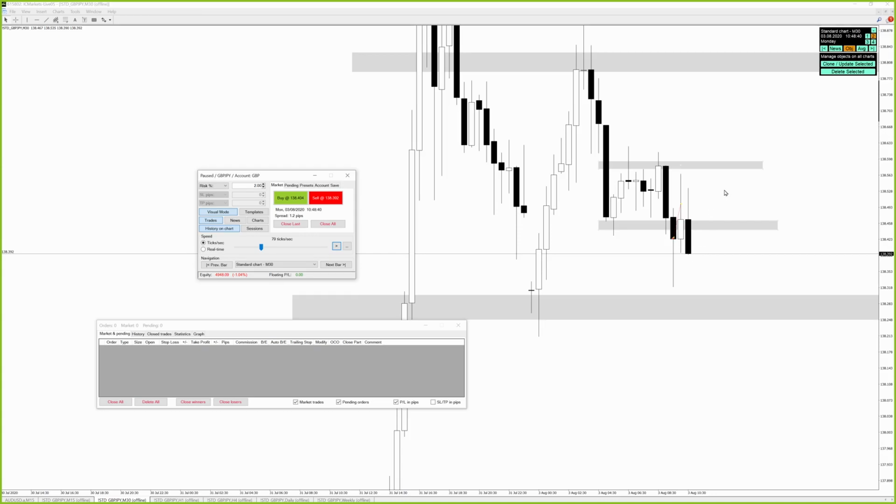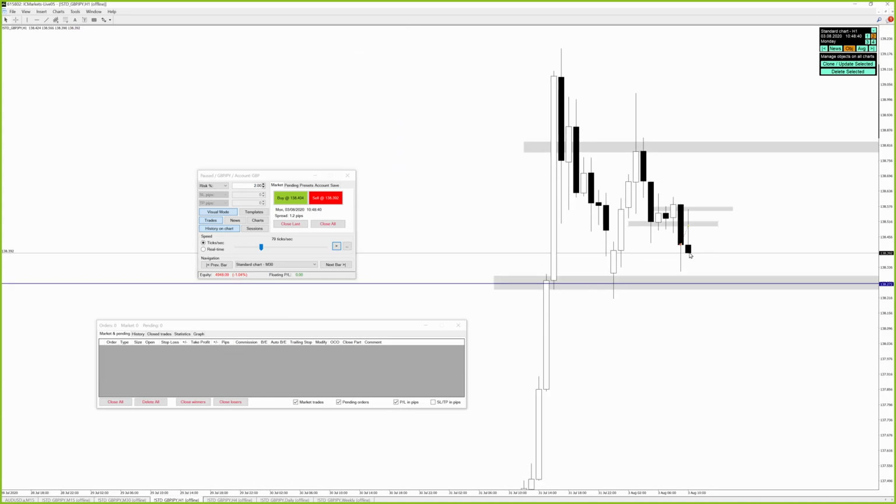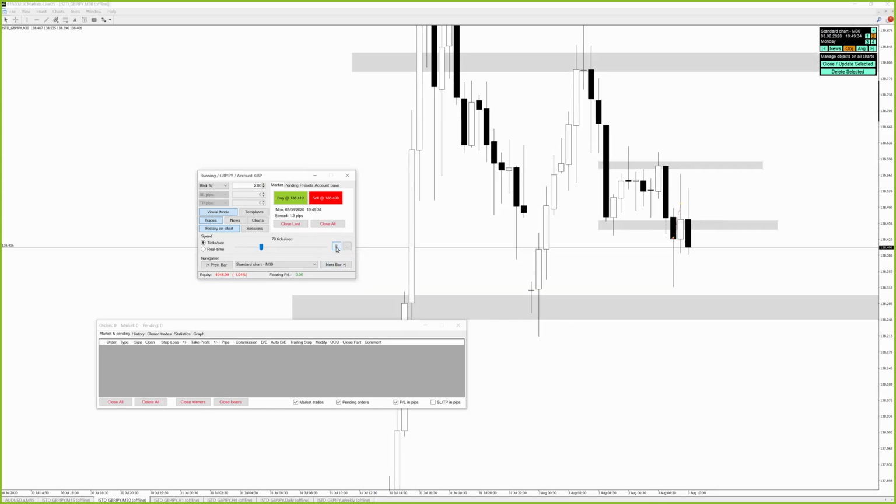From my experience, if we have about 10 minutes left, or 8 minutes left, it's probably better just to wait for the candle to close, because if you look on the 1 hour time frame, it's about to close in about 10 minutes. So I think it's going to be better to just wait for the candle to close instead of taking an entry right here, and let's just wait for the candle to close.